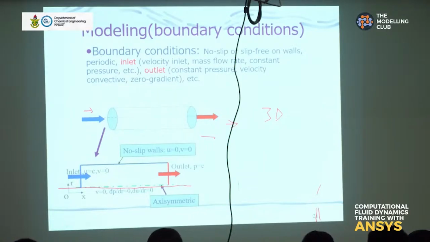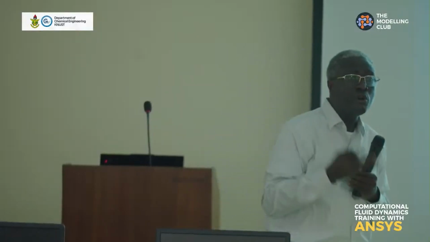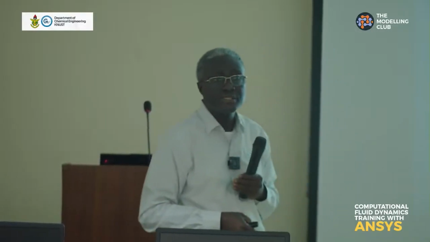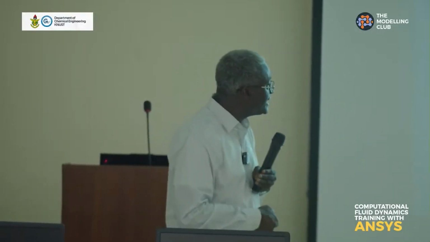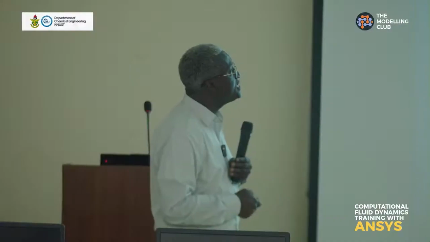Because in the full three-dimensional problem, I have to solve the full Navier-Stokes equation for momentum in all the three dimensions. Whereas in this case, I only have to worry about the axial and the radial dimensions. Now, what are the boundary conditions?